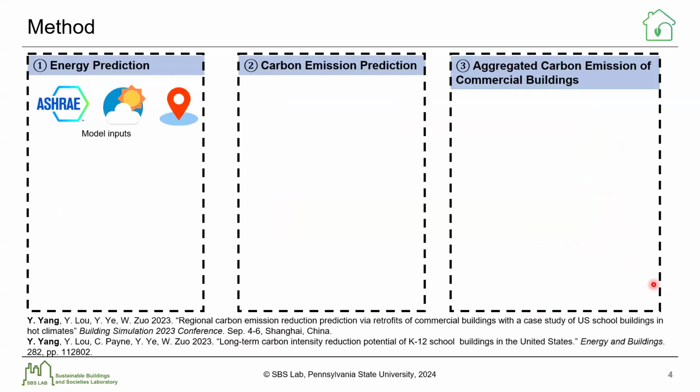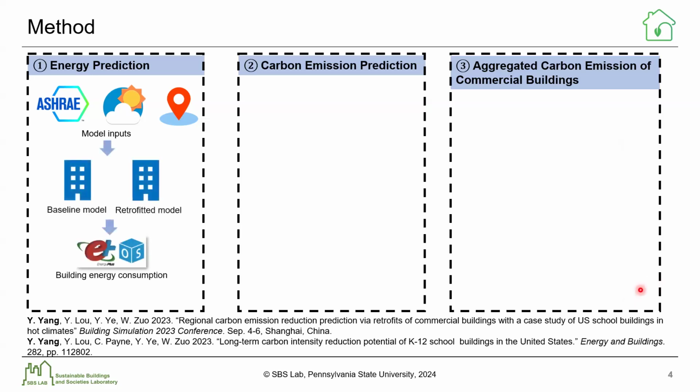So here are some general methods we used for the energy prediction and carbon prediction, and also for the large scale evaluation. For the building energy modeling, maybe most of you don't have experience with how to calculate building energy.